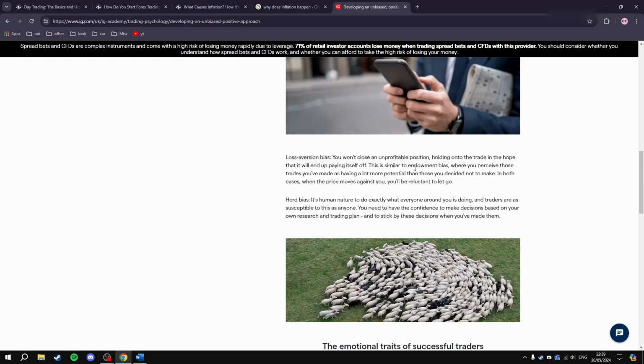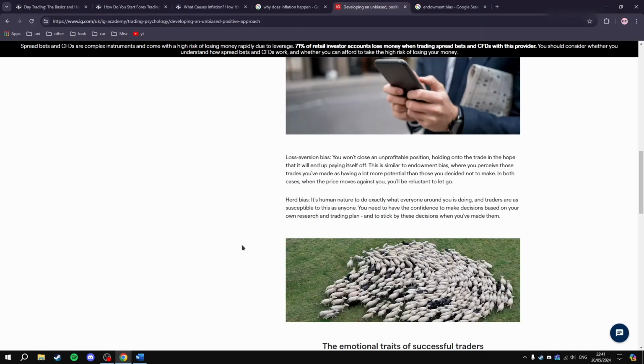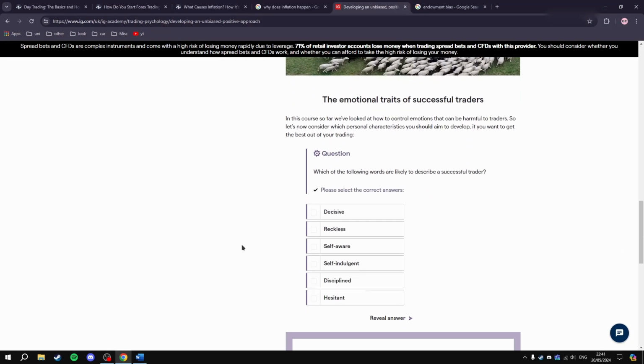So what is endowment bias? You perceive that the value of the item you own is higher than if it didn't belong to you.